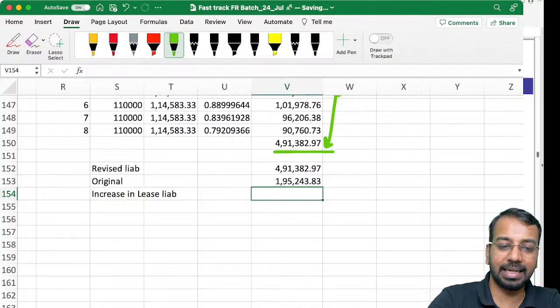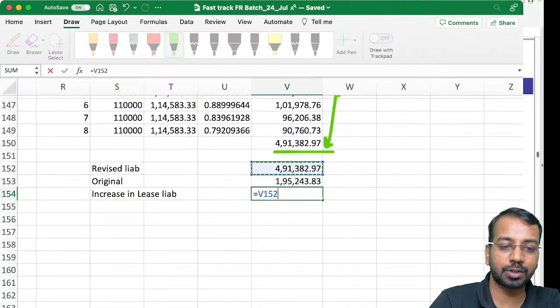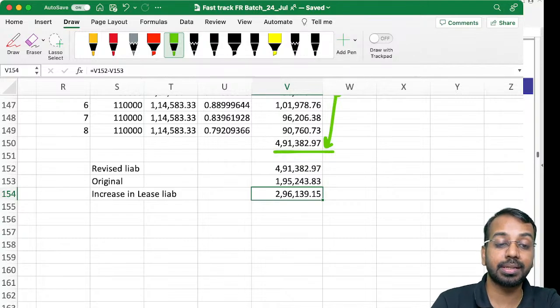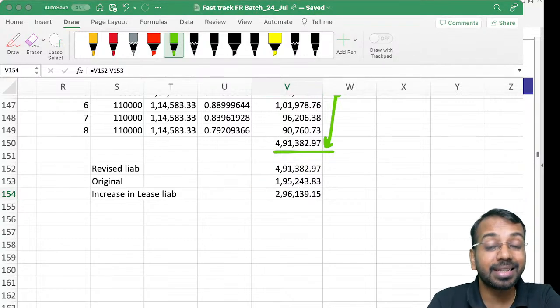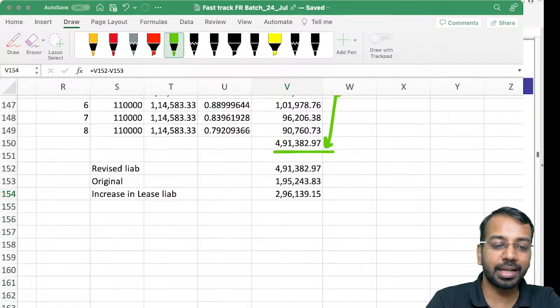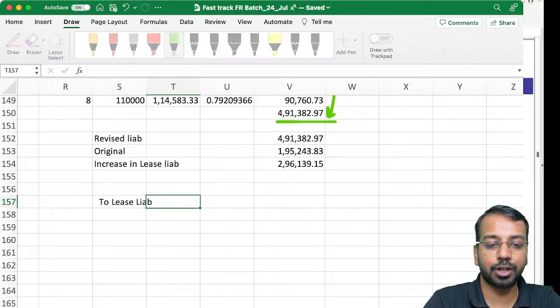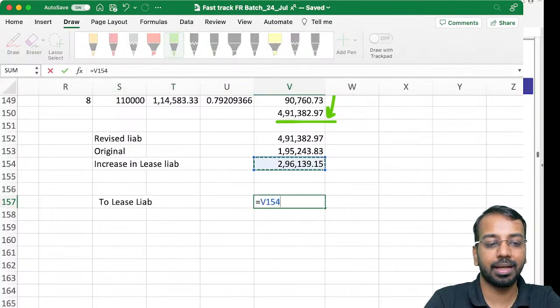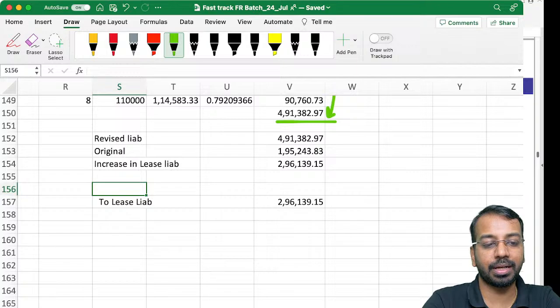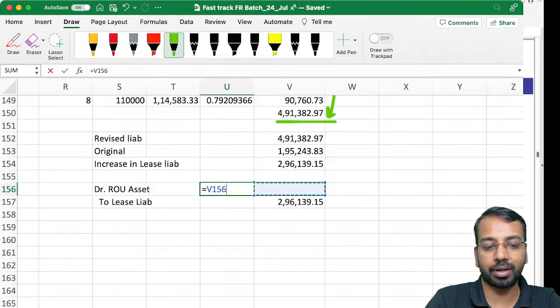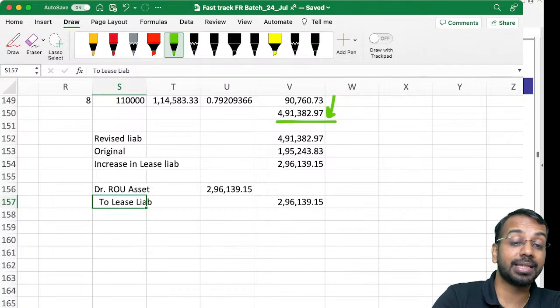So the increase in lease liability is 491 minus 195, which is 296,139. So this is nothing but the increase in the lease liability. You will credit the lease liability by 296,139. If you have increased the lease liability, correspondingly you will increase the ROU asset by 296,139. This is how you will increase the liability.